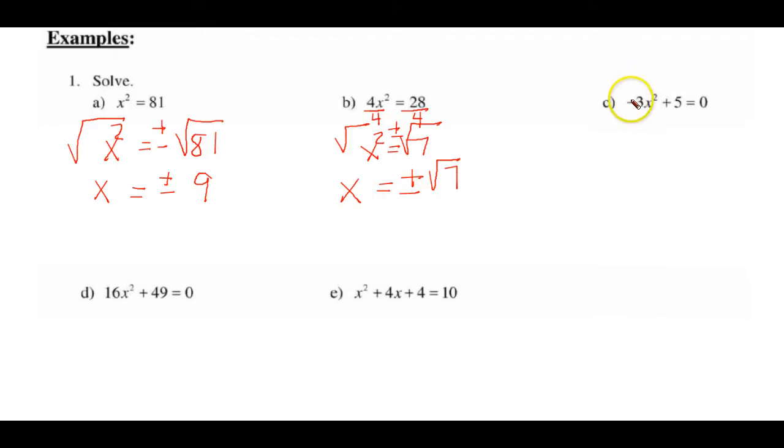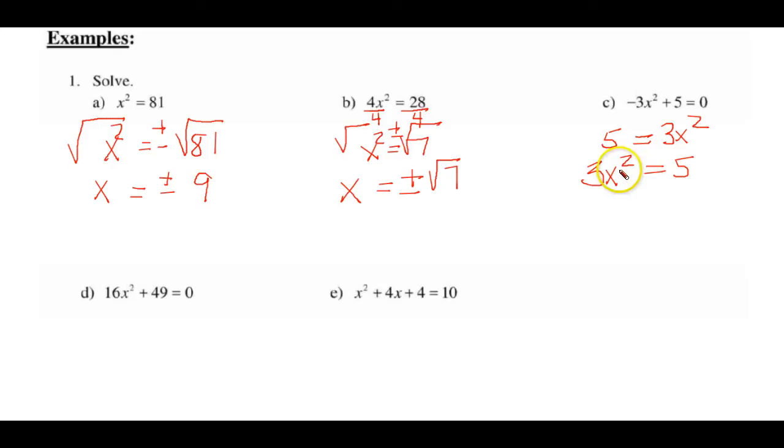Now, in this case, we want to isolate the x squared. I like to have a positive x squared, so I'm going to switch this around a little bit. I'll put the 3x squared on this side, and that will equal 5. And then swing it back to this side. 3x squared equals 5.